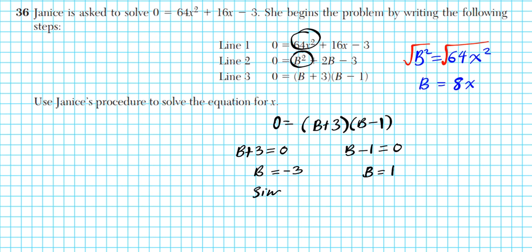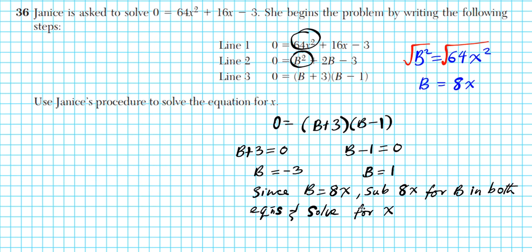Since b is equal to 8x, we're going to substitute 8x for b in both equations and solve for x. Remember, that was the original task, to solve the equation for x.